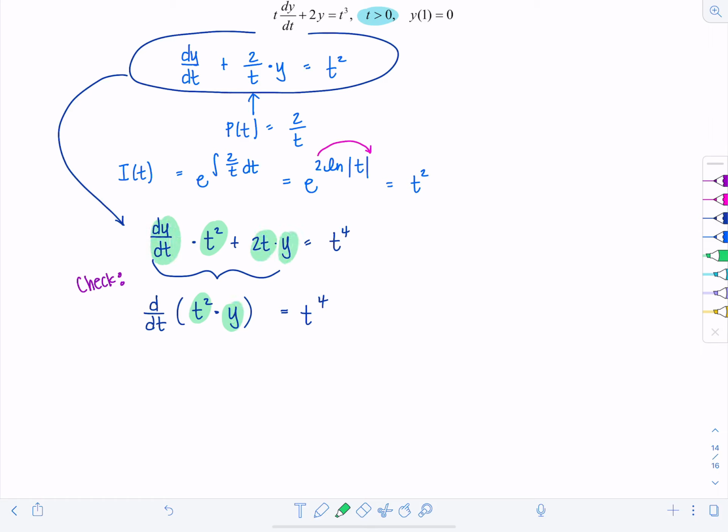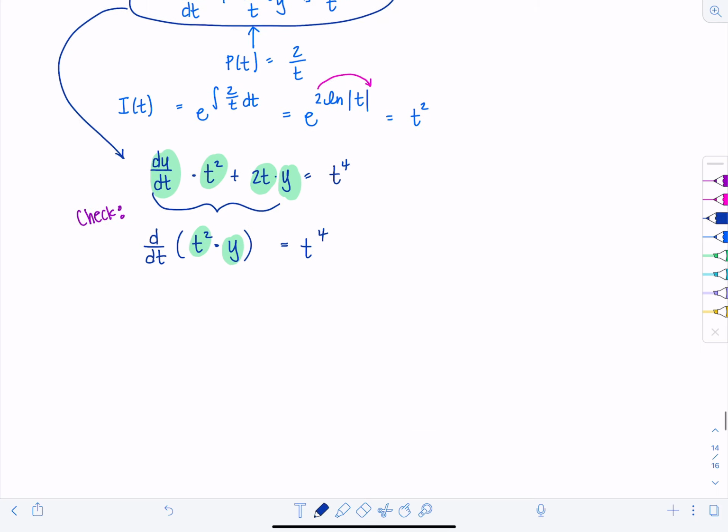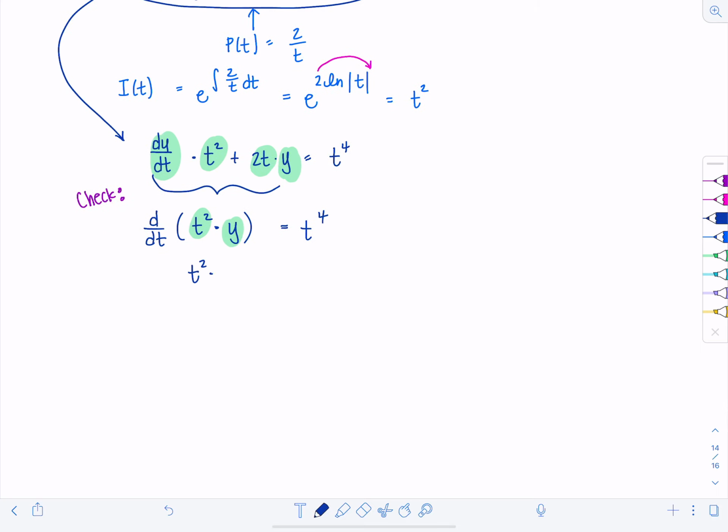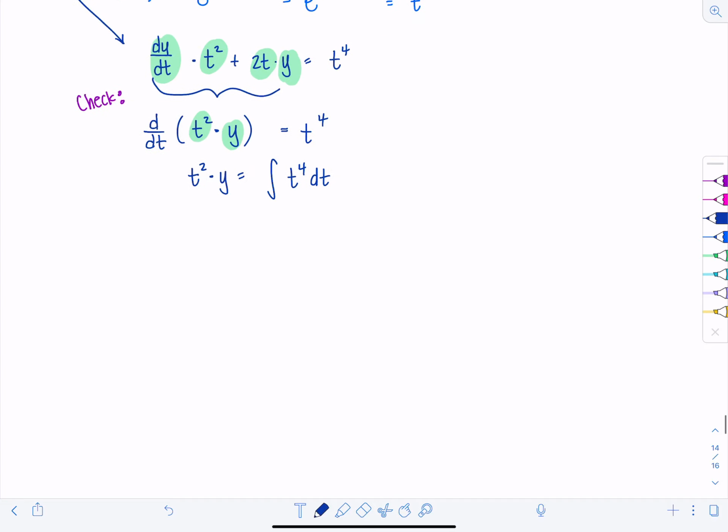Yep, leave y alone. Looks good. All right, integrate both sides. Now we have t squared times y equals the integral of t to the 4th dt. Oh, this one's no big deal, nice and relaxing. So we have t squared times y equals 1/5 t to the 5th plus c.